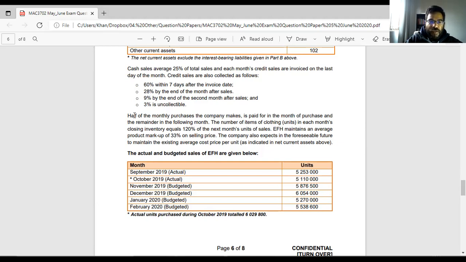Very important. So your closing inventory units in October is equal to 120% of November's sales. Important to take note of that.